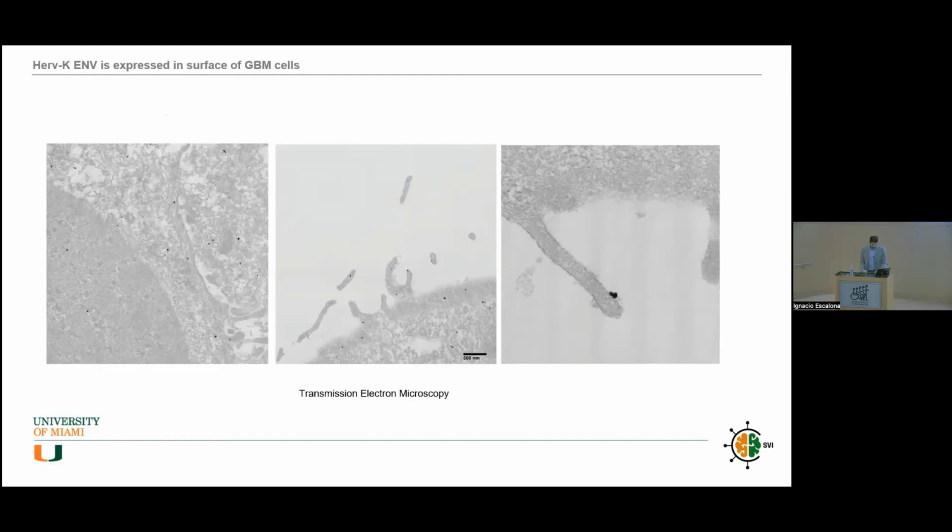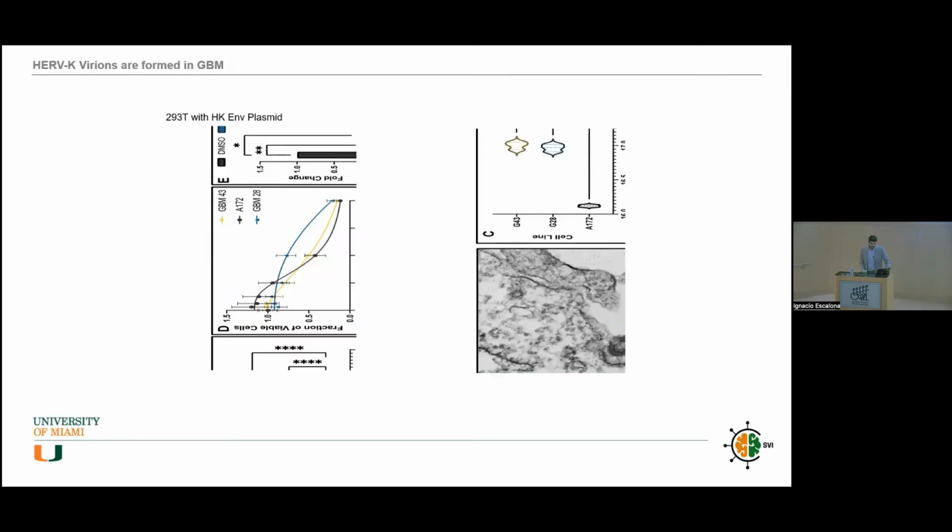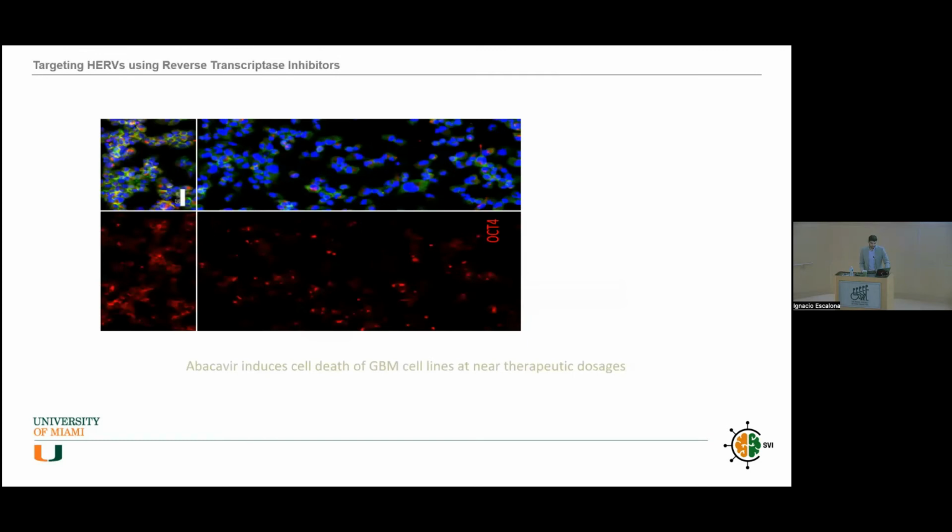I think the slides were corrupted, but you can actually see the retroviral budding from the surface of the cells. If you see here, in the very corner, you can see the retroviral element being produced on the surface of these cells. And you can see it's pretty nice looking when it's the right image.